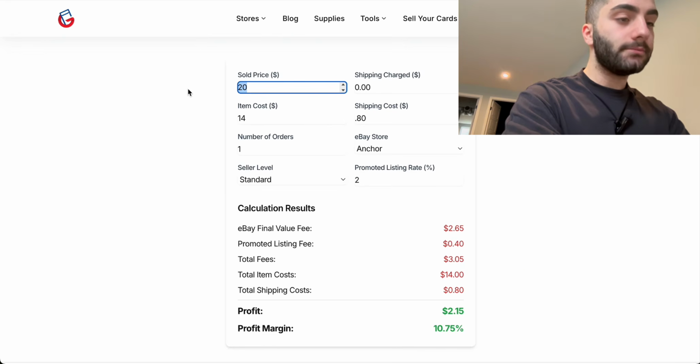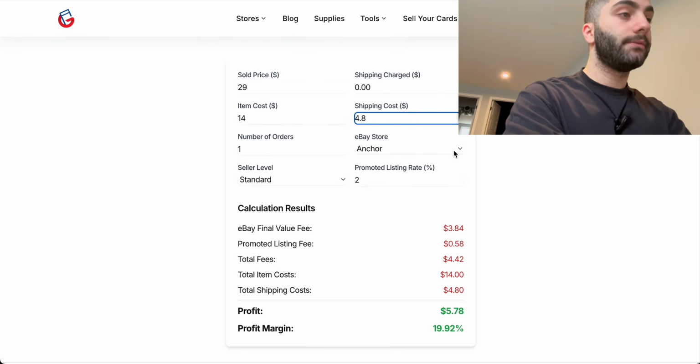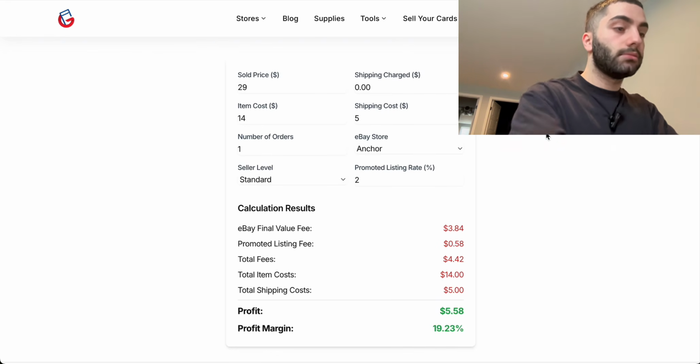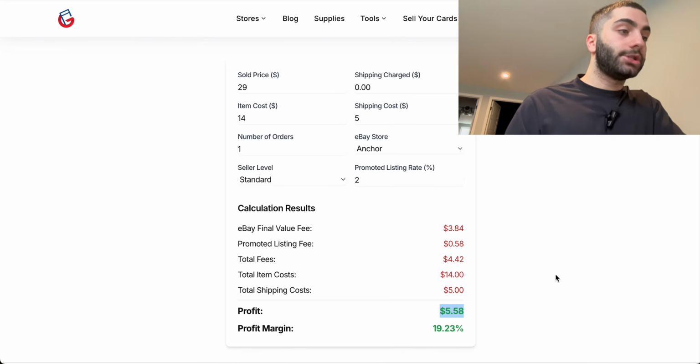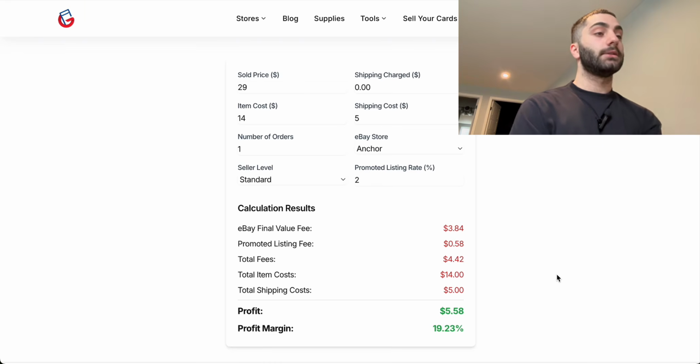So you would charge $29. Shipping label, let's just say it was 5 to be easy. So you would be making a 20% profit margin with a $5.50 profit, which is pretty good. And that's what I aim for on my sales.